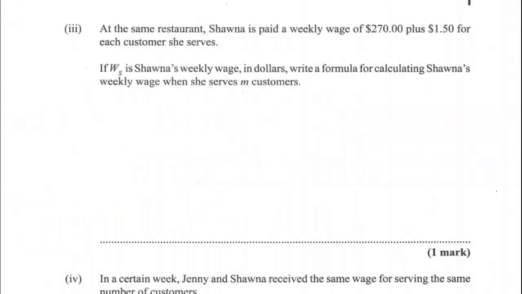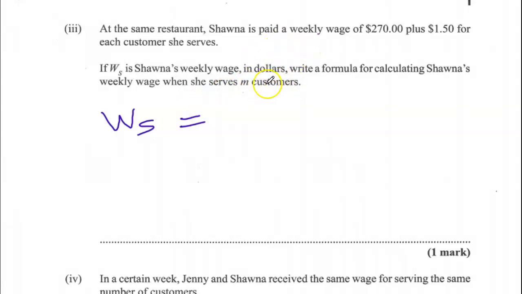At the same restaurant, Shauna is paid a weekly wage of $270 plus $1.50 for each customer she serves. If WS represents Shauna's weekly wage, write a formula for calculating Shauna's weekly wage when she serves M customers.